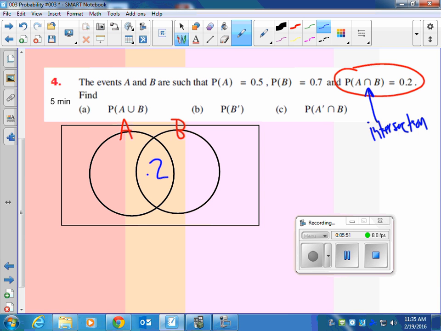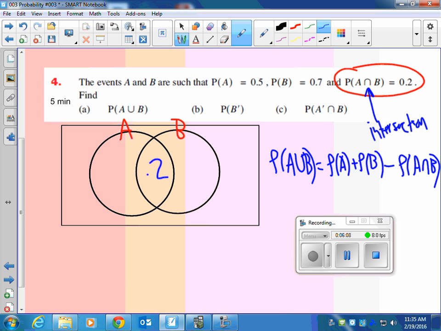They don't give that to you most of the time. Most of the time, you're going to have to use the fact that the probability of A union B is the probability of A plus the probability of B minus the probability of the intersection. Because A and B would include this twice. So you subtract one of the intersections.